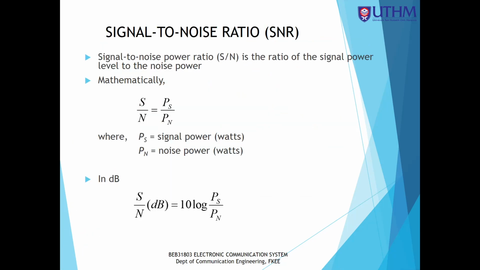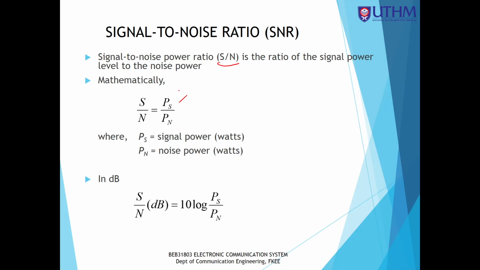Okay, signal to noise ratio, SNR, or sometimes we write S over N, which is the ratio of signal power divided by the noise power. So it is watt divided by watt.